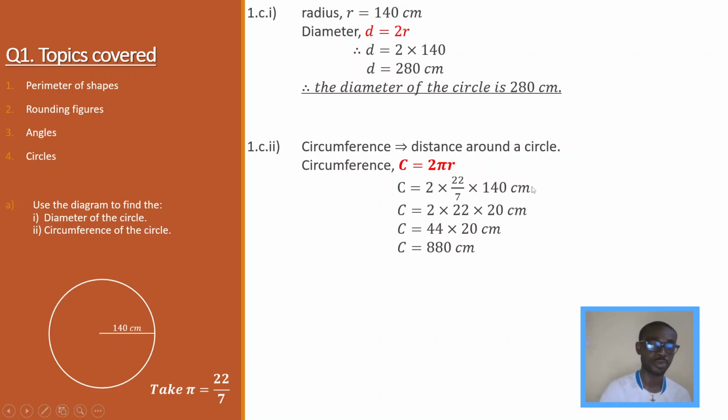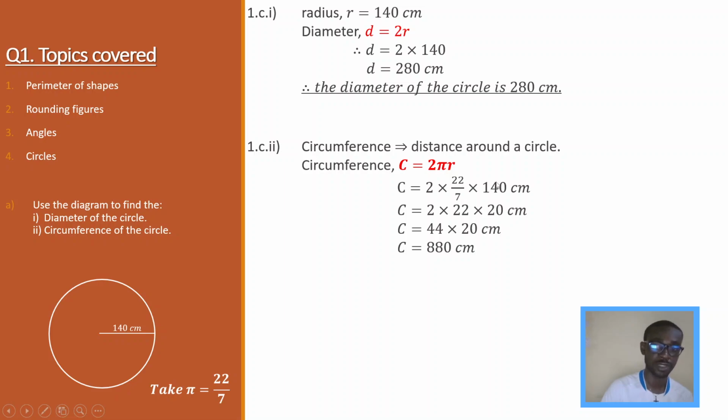The only thing that I want to remind you is that when you are dividing 7 by 140, that is when you are canceling 7 and 140, or when you are dividing 140 by 7, don't forget about this 0. So 7 will go into 140 20 times.